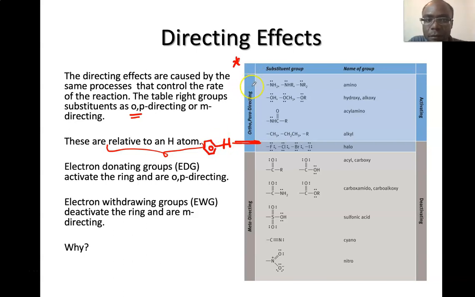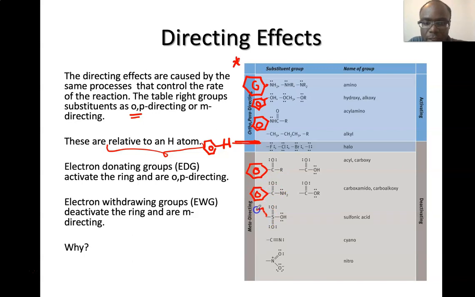But here, probably you have a benzene ring with an NH2 on it. You have a benzene ring with this group on it, or a benzene ring with the OH on it. So these bonds are just cut from the ring, but the ring is there. So assume you presently have these groups on the benzene ring, okay?